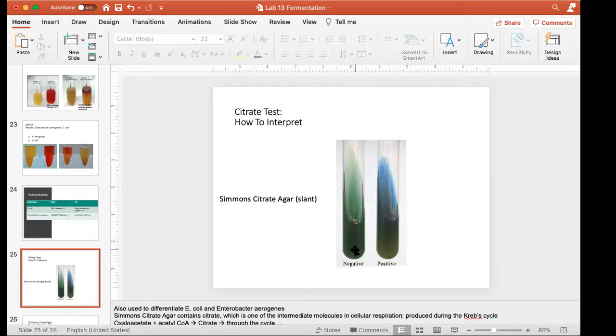You can also use plates. It's just that typically when we use plates, it's because we need all that surface area, because we're trying to spread the cells out enough that we can get individual colonies to grow. So this would be a negative result for citrate fermentation. This would be a positive result.